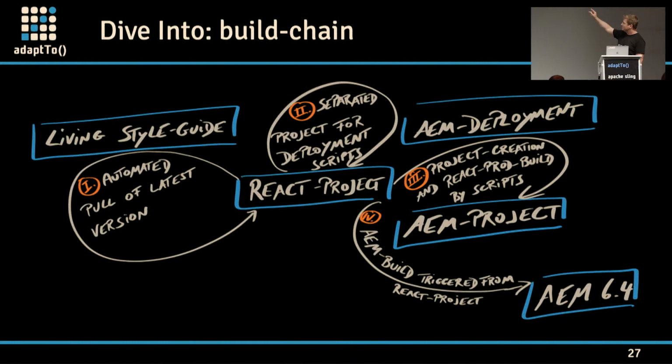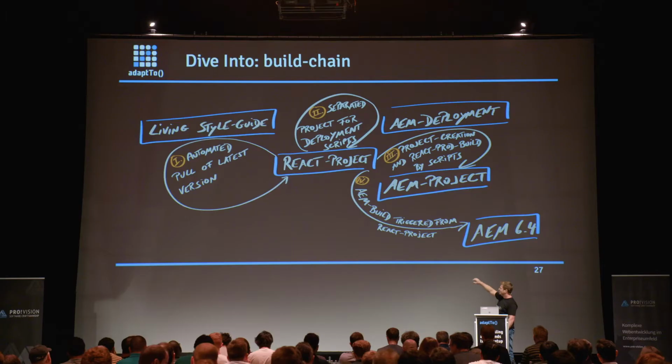So the first loop is that the React project, whenever it starts triggering a build, just grabs the latest state of the style guide, or you could fix it to an artifact version, and takes it into the React project itself.